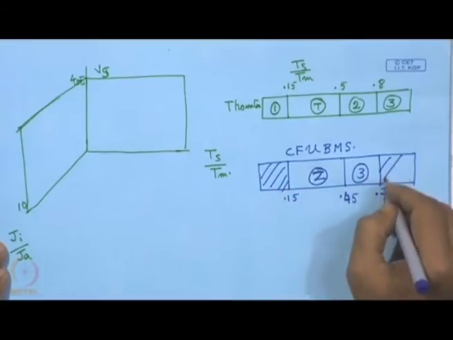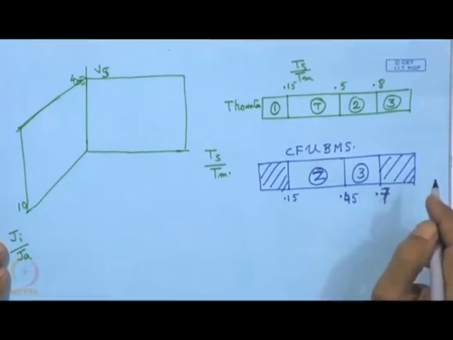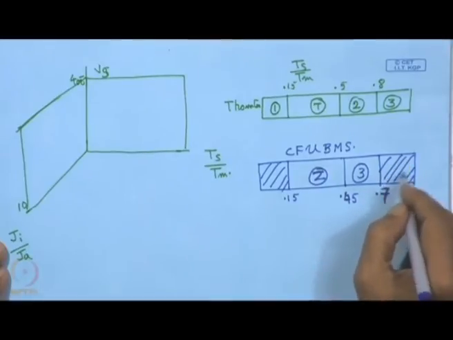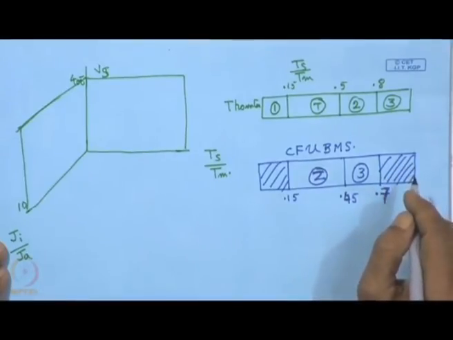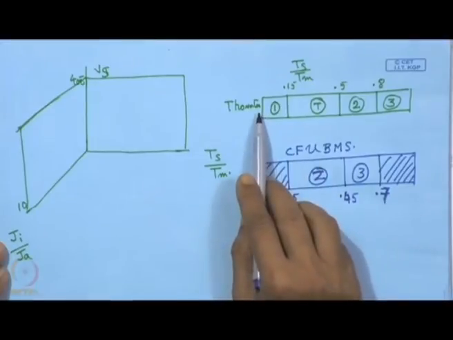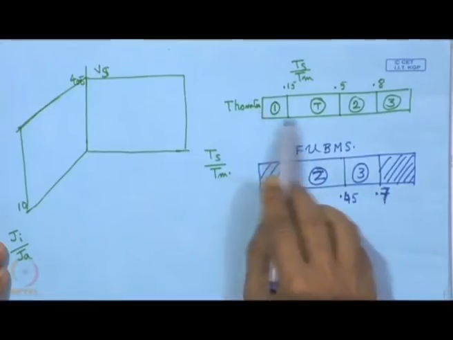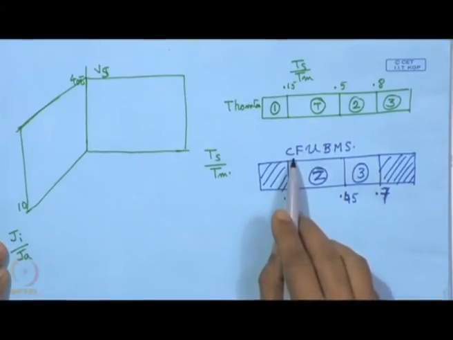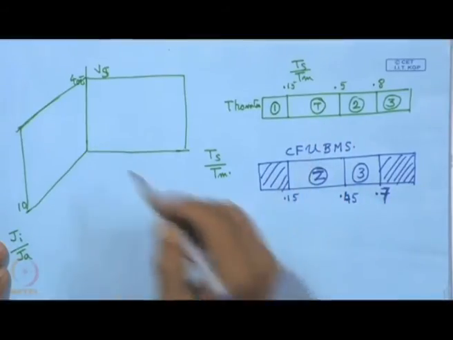Within this zone no deposition was done. Even beyond 0.7, there was no attempt to make any deposition. So, one can compare this one, which is the conventional way of doing sputtering, with the other, the close field unbalanced magnetron.